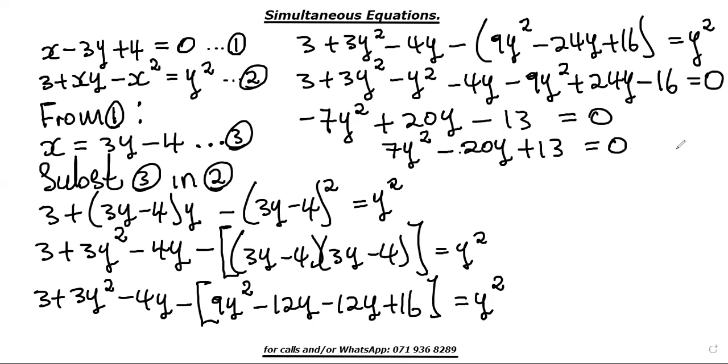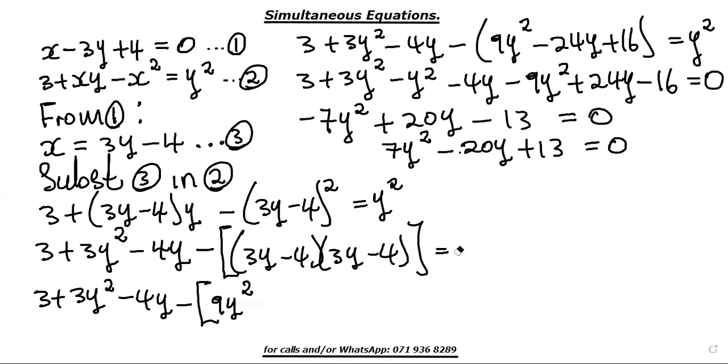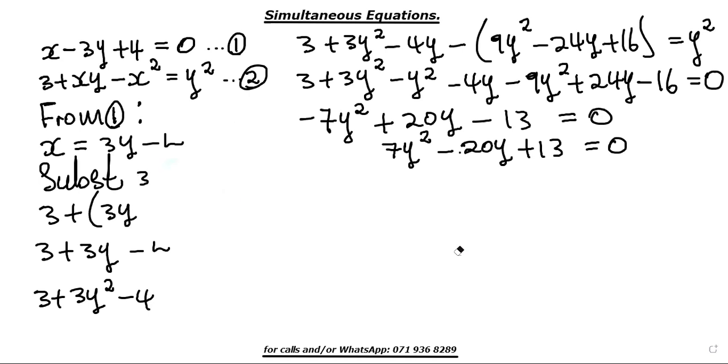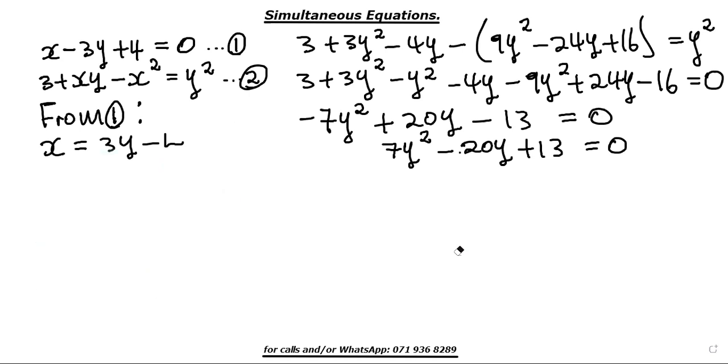Then at this point, we have two choices. We can either use the quadratic formula in order to solve for y, or we can factorize this advanced quadratic equation using the table method. I think we can do both of them.